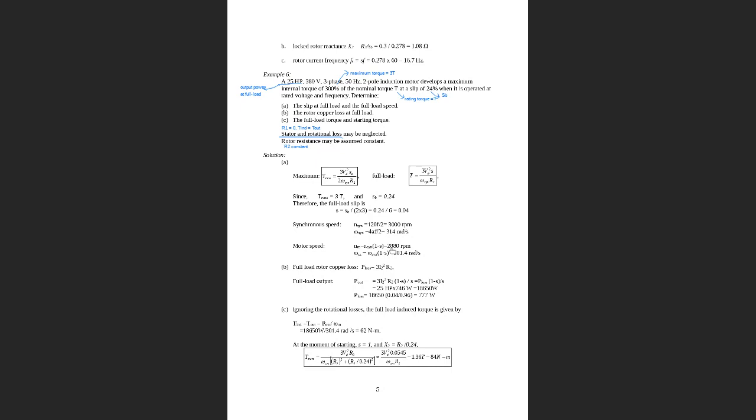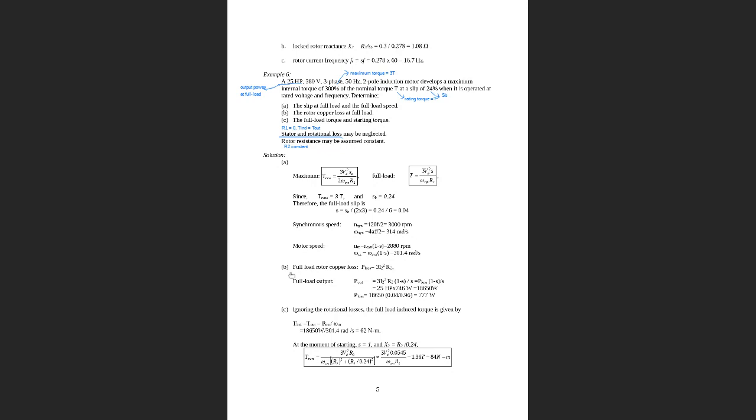So in this case, that's the rated speed of the motor at full load, with slip 0.04 and speed 2,880 rotations per minute. You can also convert this speed into radians per second, which is about 301.4 radians per second. You can check this one. So this is part A, where we obtained the full load slip, 0.04, and the full load speed, 2,880 rotations per minute, with the corresponding value in radians per second.